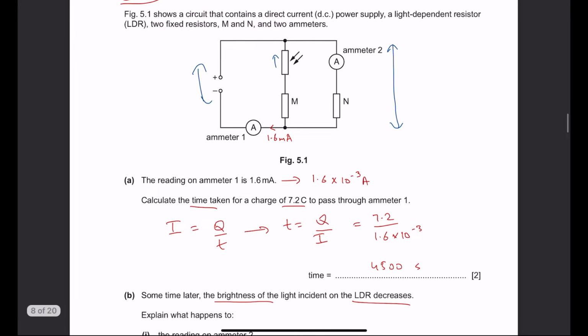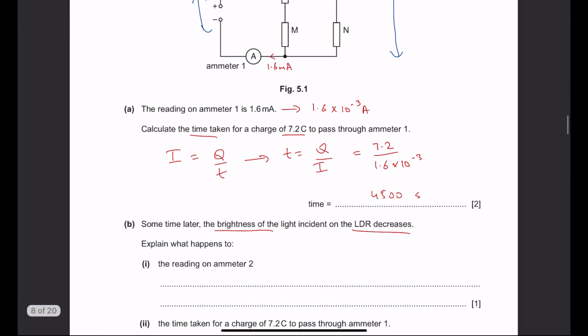So potential difference across N remains the same, and resistance of N is also the same.